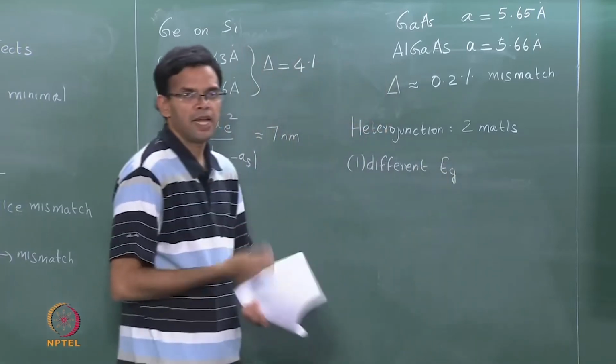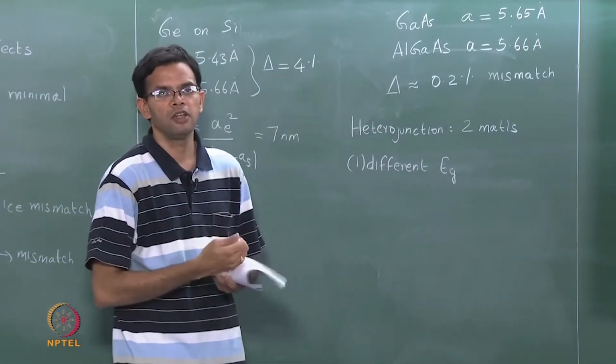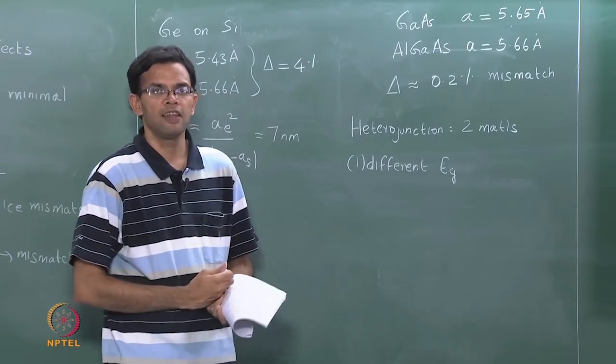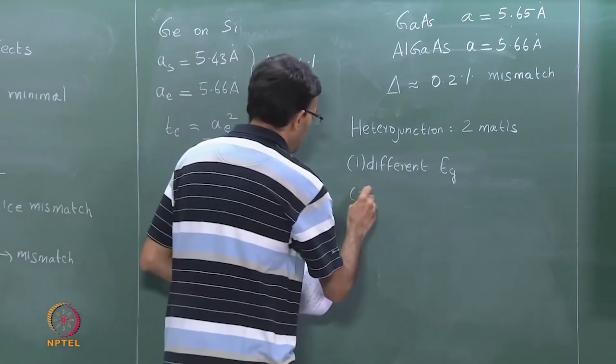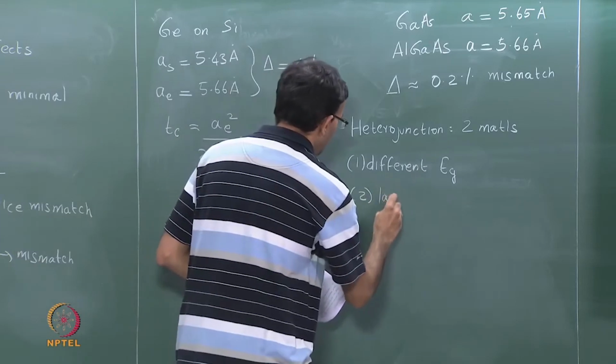We want different band gaps because we want to exploit this difference for some interesting electronic properties, but at the same time we want a good lattice match.